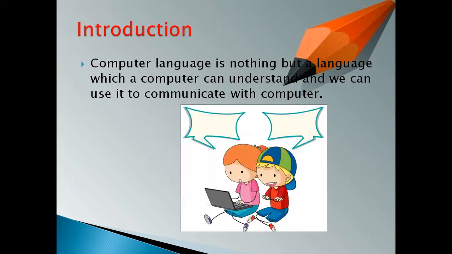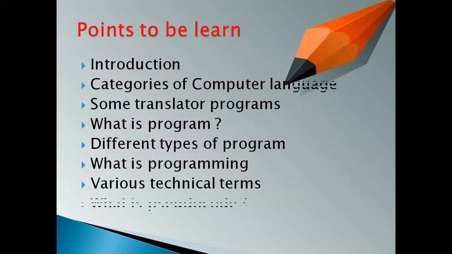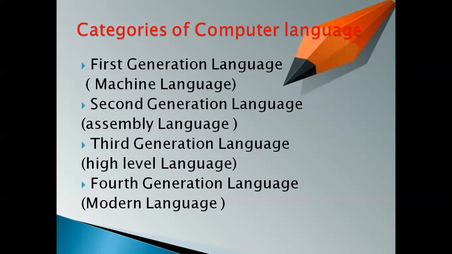All the computer languages are categorized into 4 categories: first generation, second generation, third generation, fourth generation. As the computer field grew and changes took place, the computer languages also changed.